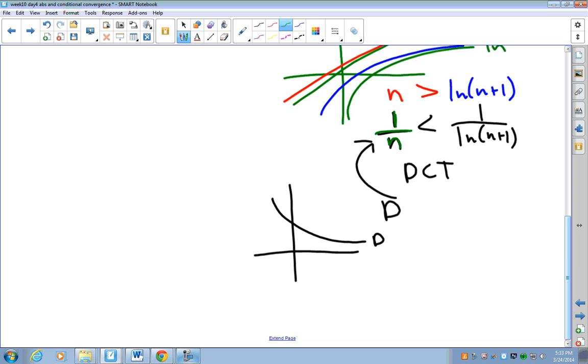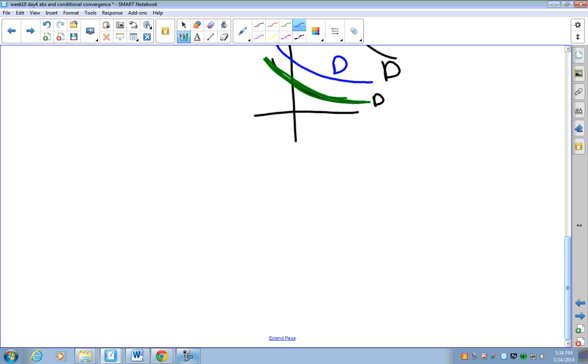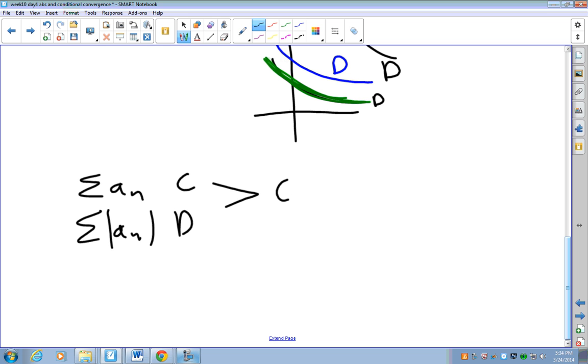Here's the 1 over n, and it diverges. So then this 1 over ln, which is bigger than it, has to also diverge. So in this problem, the regular series converged, the absolute value series diverged. Put those together, that means this problem was conditionally convergent.